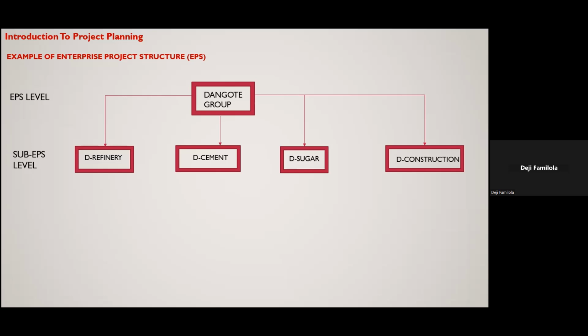So we have Dangote Group. It's an umbrella to most of these subsidiaries, which include Dangote Refinery, Dangote Cement, Dangote Sugar, Dangote Construction, and so on and so forth. So the Dangote Group is like a node, an umbrella to all of these. So it sits at the EPS level.